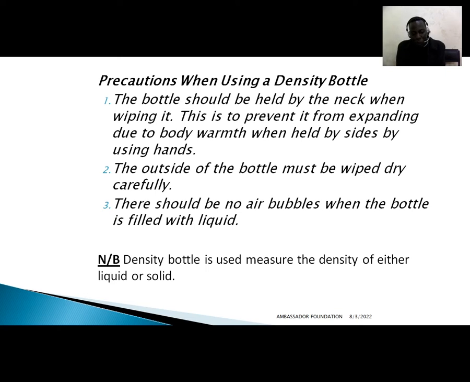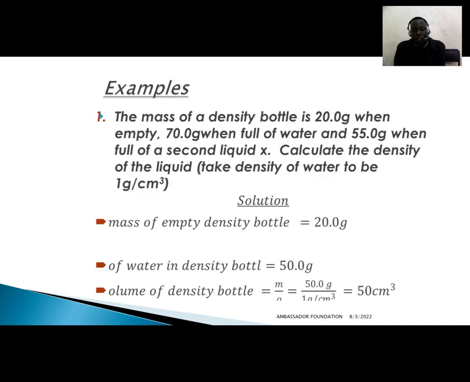A density bottle is used to measure the density of either liquid or solid. I think I have said it earlier. Now I want to use this example.